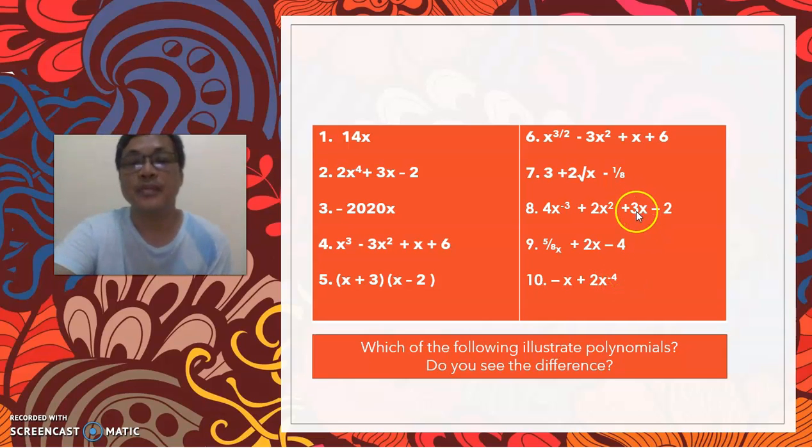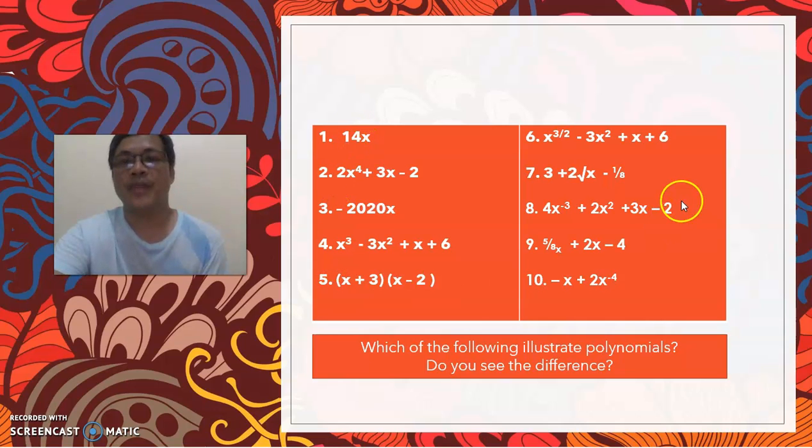Now, my question a while ago is, did you see the difference? What is the difference between the polynomial expressions or functions 1 to 5 and then 6 to 10?